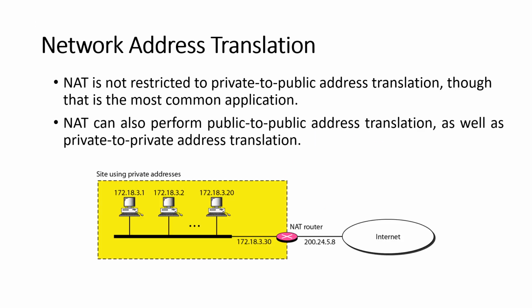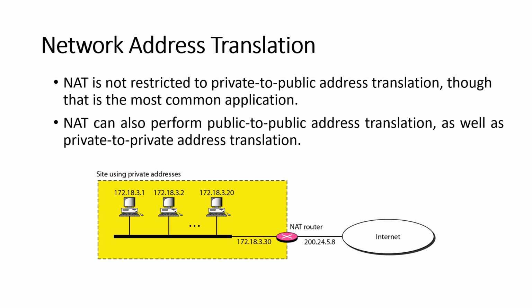NAT is commonly known for its role in translating private IP addresses to public ones, but its functionality extends beyond this. NAT can also perform public to public address translation, which is useful for scenarios such as routing between different networks or managing IP address changes without disrupting services.